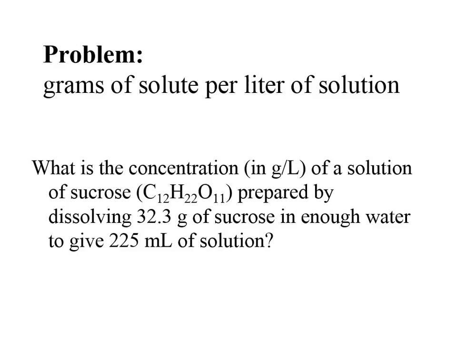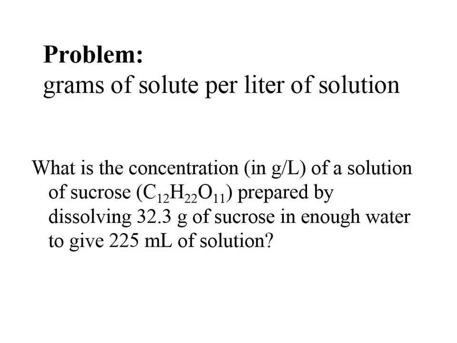So my beakers are kind of lacking sometimes. Okay, there's my solvent. Here's my solute. And if I look at what it is, I'm going 32.2 grams of sucrose, I'll go ahead and call it C12H22O11, is dissolved in, my final solution volume is 225 milliliters.